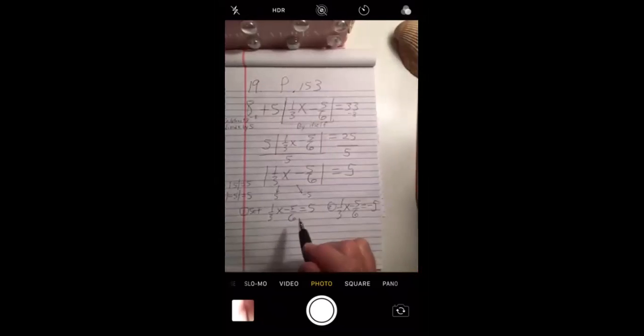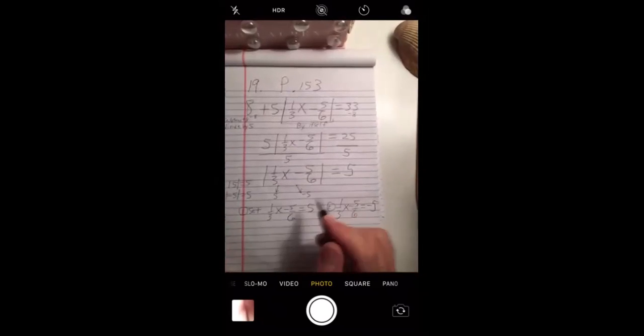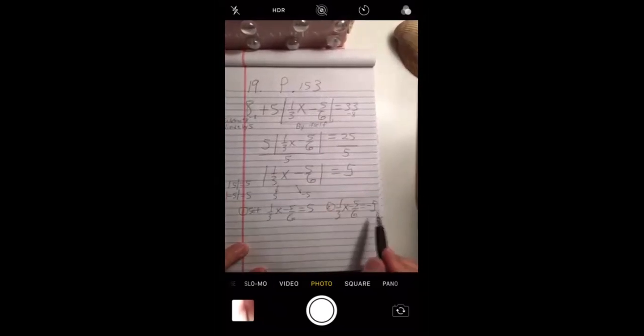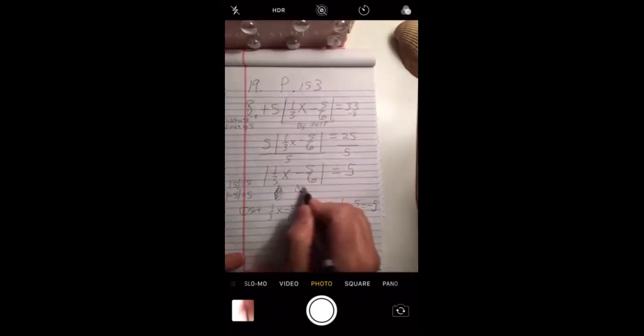I'm trying to justify, or what you have to remember to go further is you have to remember to set whatever's inside here equal to 5, and whatever's inside here equal to -5. That's all I'm saying. Maybe it's too confusing. I'm sorry.